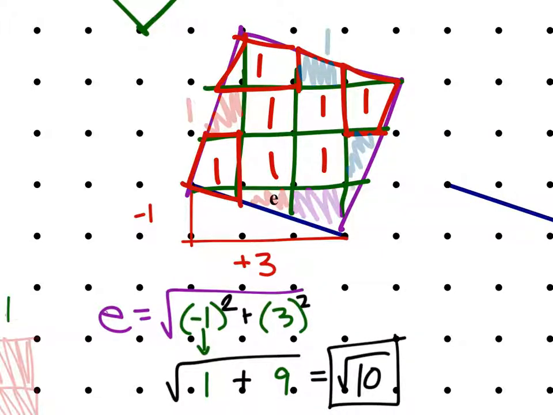So if I combine these with all the rest of it, then I should get 1 more. That gives me an area of 10. So if I had an area of 10, then the side length would be the square root of 10.